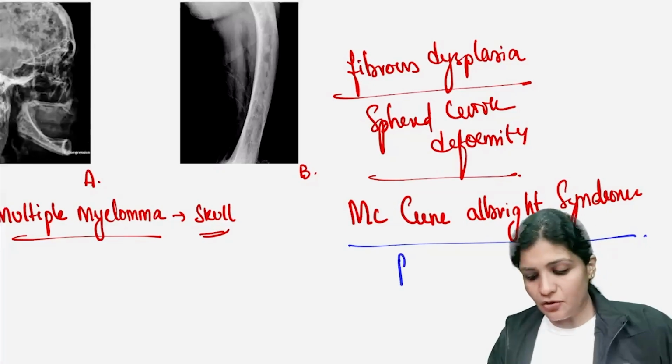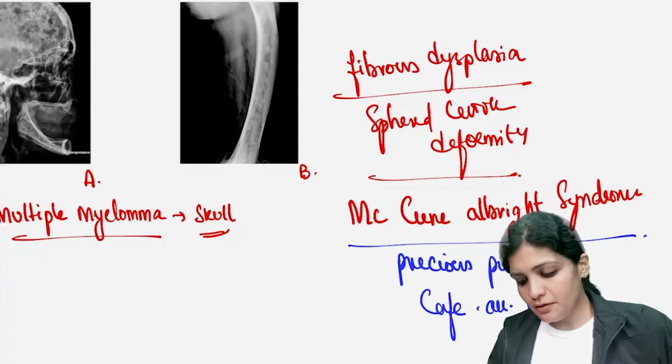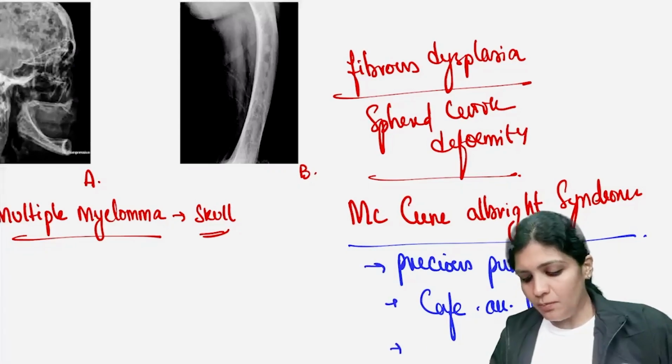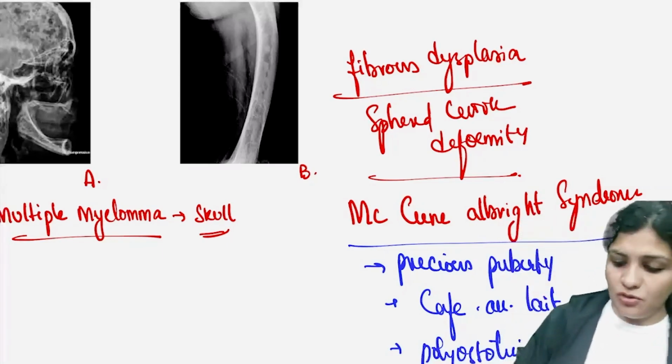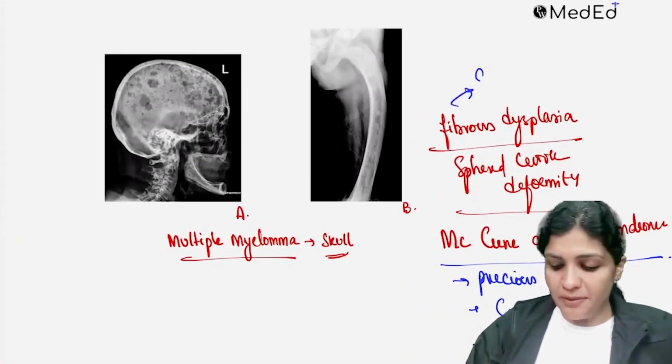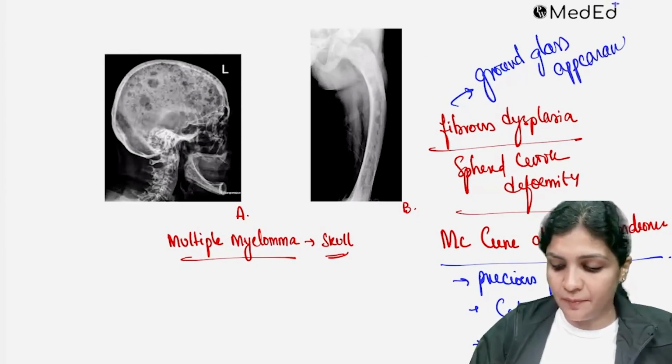Yeah, McCune-Albright syndrome: precocious puberty, cafe-au-lait spots, and then polyostotic fibrous dysplasia, right? So this is fibrous dysplasia, which presents as a ground glass appearance.